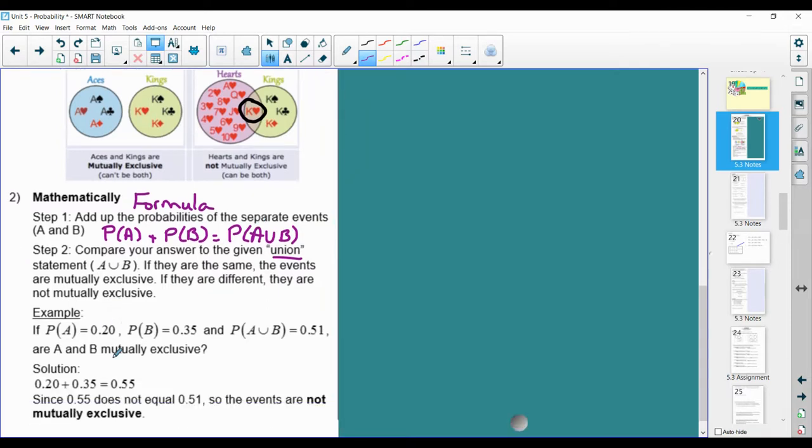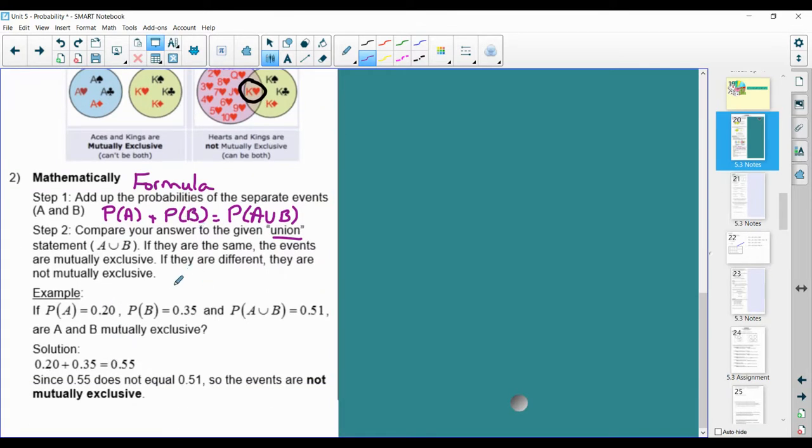Let's take a look at the example here. It says if the probability of A is 0.2, the probability of B is 0.35, and the probability of A or B is 0.51, are they mutually exclusive? Well, if we add these up, 0.2 plus 0.35, we do not get 0.51. So these are not mutually exclusive, or we can say not ME.